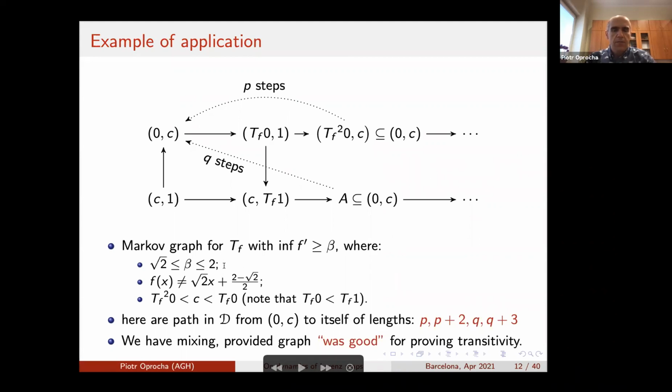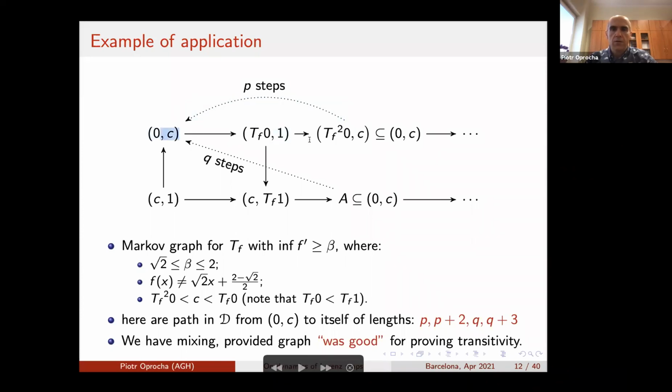Yeah, so this diagram, it's written here when it works, in which cases, because in the proof we're just building general diagrams, and it was very much based on previous works of Piotr, who analyzed these graphs. So in that particular case, you have a path of length p plus 2.